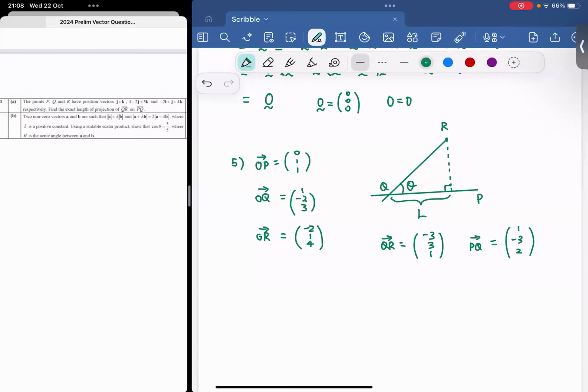Over here I want to find that L, so I use cosine theta equals adjacent over hypotenuse. Cosine theta formula is what? QR dot PQ over the length of QR, the length of PQ.